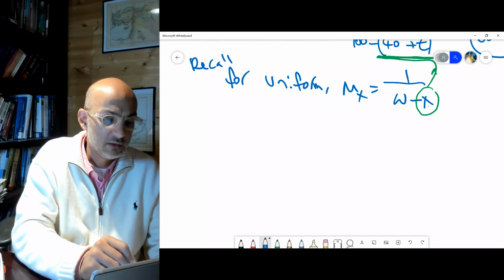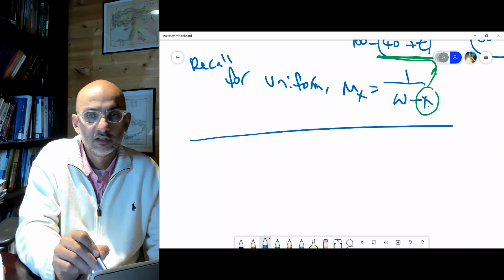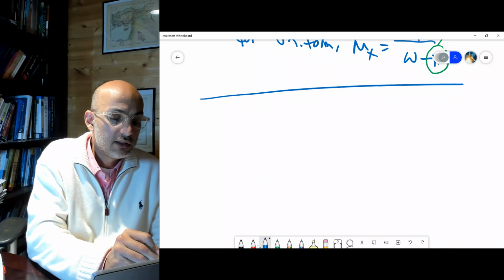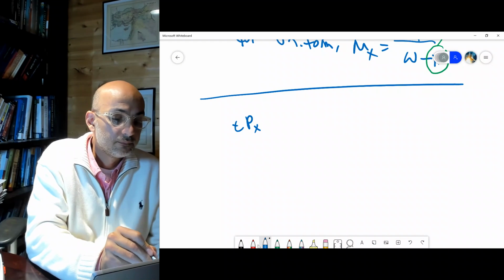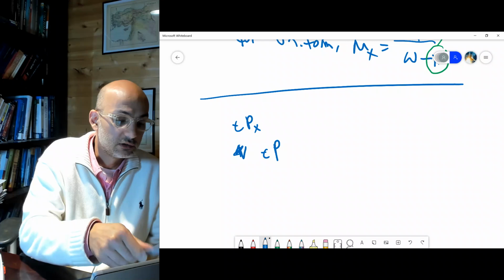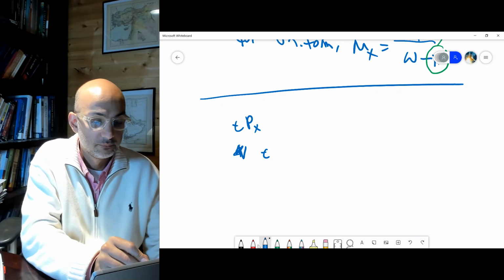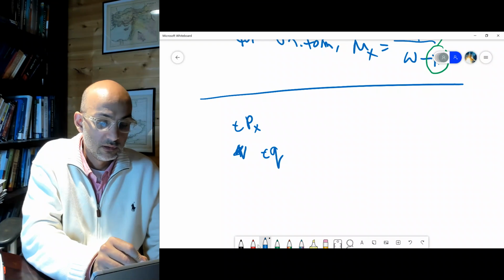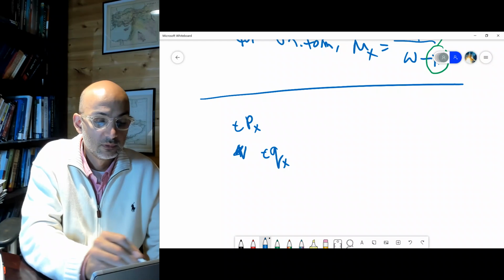And this is a very important set of notation. There is another thing related to this discussion. We looked at tpx, and then we looked at tqx also.